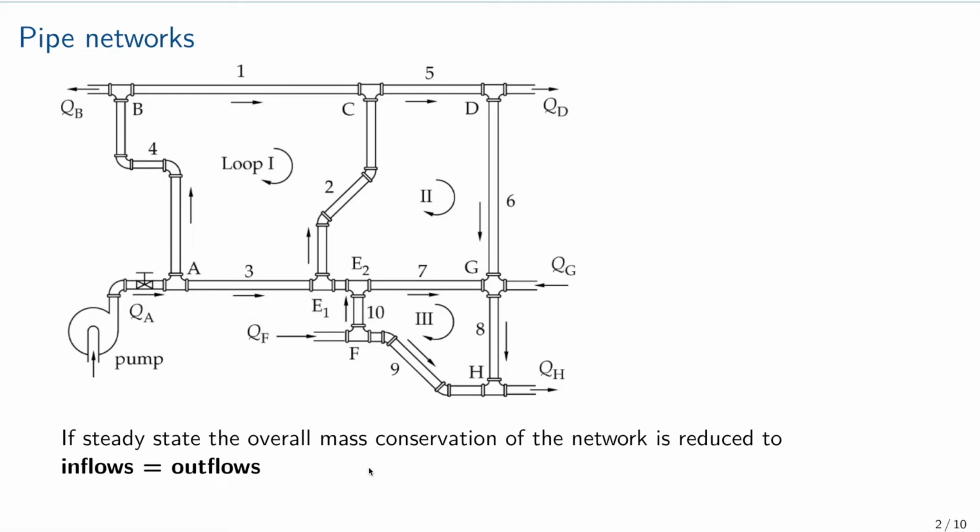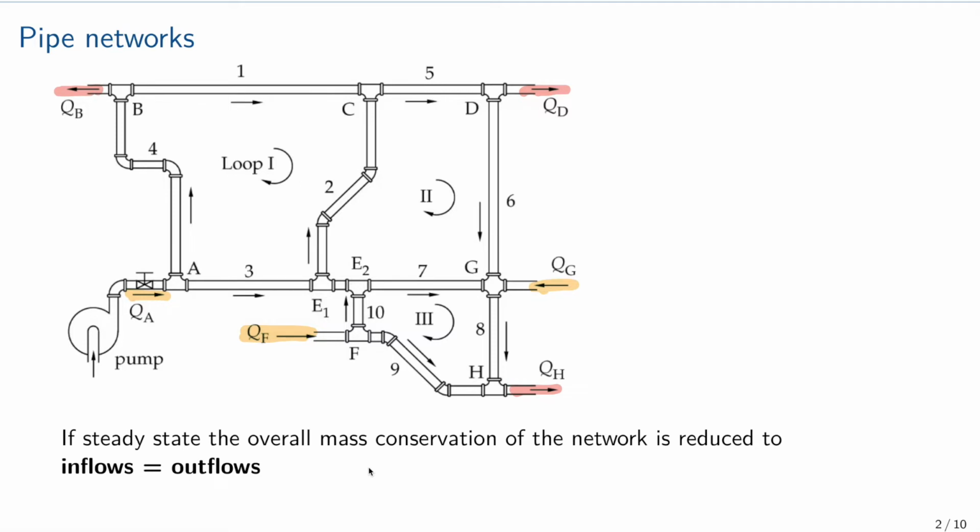So in this case this is an inlet, Q at A, this is another inlet, and Q at G, this is another inlet. And also we have some points in which the flow is going out, so at D, at B, and at H.